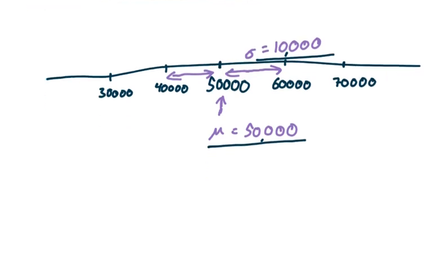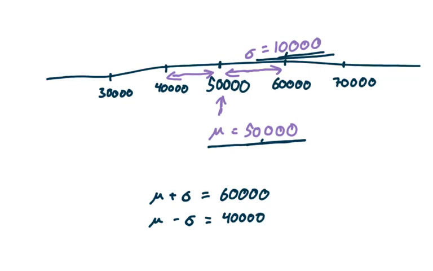And so here, since the standard deviation is 10,000 and the mean is 50,000, mu plus 1 copy of sigma would be 60,000. Oh, extra 0, that makes a difference. Mu minus 1 copy of sigma would give us 50,000 minus 10,000, so that would be 40,000.